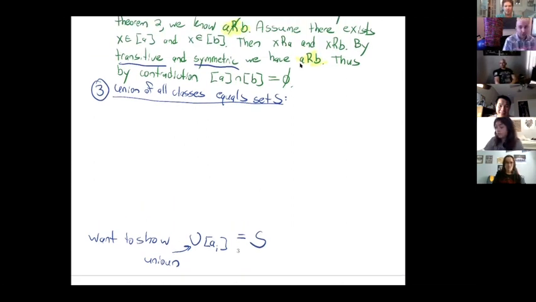We want to show equalities. That means we want to show subset inclusion both ways.